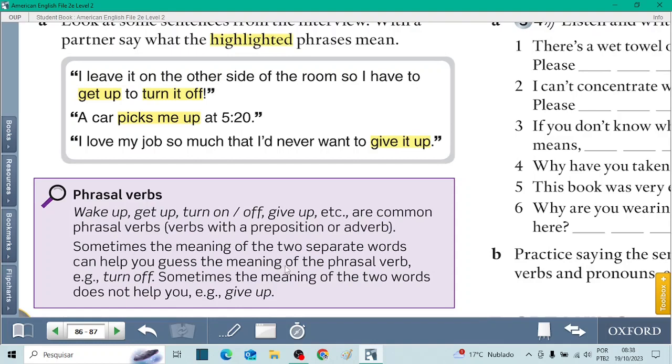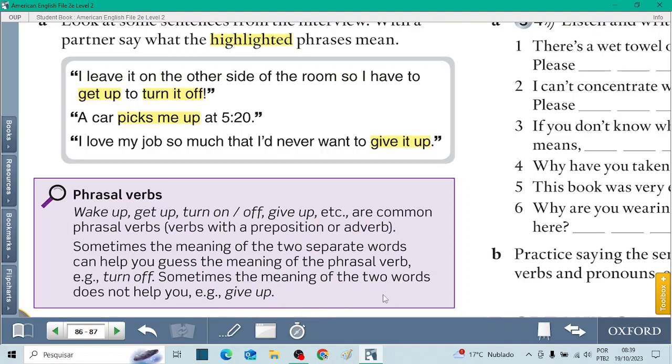Sometimes the meaning of the two separate words can help you guess the meaning of the phrasal verb. For example, turn off. If you put them apart, turn and then off. Sometimes the meaning of the two words does not help you at all, like give up, for example.